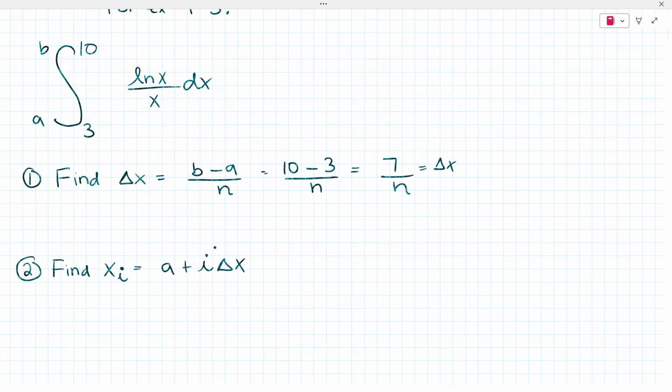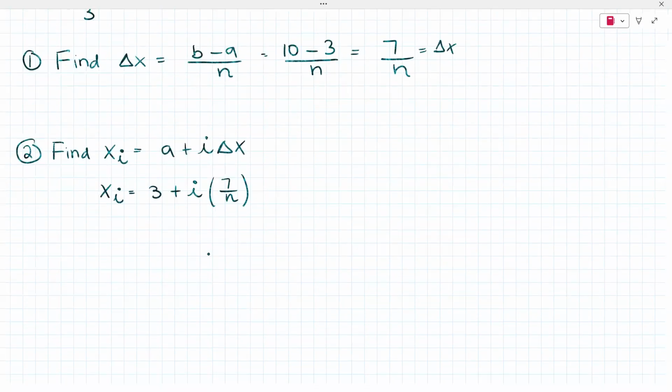So x sub i equals a, and our a is 3, plus i times delta x. So it's i, and our delta x is 7 over n. So if you want to simplify this, this would be 3 plus 7i over n.